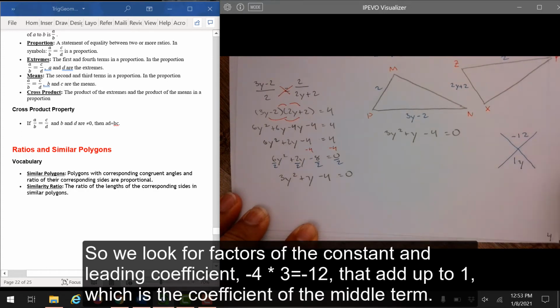So we look for factors of the constant and leading coefficient, -4 times 3, being equal to -12, that add up to 1, which is the coefficient of the middle term.